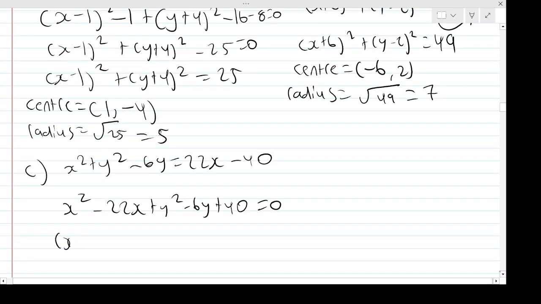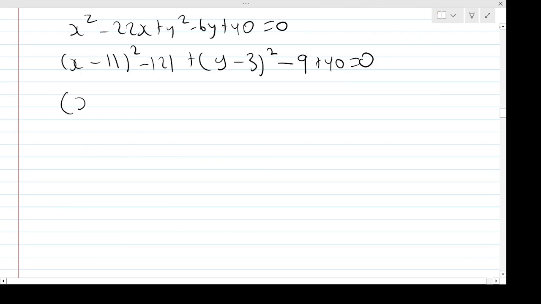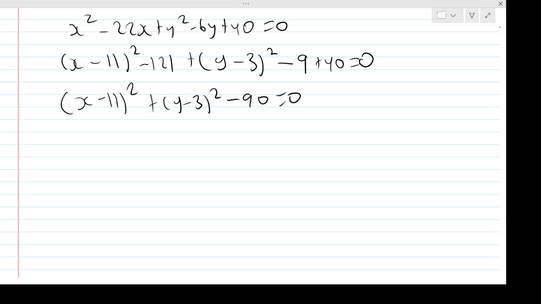So we have x minus half of 22, which is minus 11, all squared. Then 11 squared is 121, so it's minus 121. Then we complete the square on the y: half of minus 6 is minus 3, all squared. Then we minus 3 squared, which is 9, and plus 40 equals 0. If I add the numbers together, I get (x - 11)² + (y - 3)², then minus 121 minus 9 plus 40 gets me minus 90, equals 0.